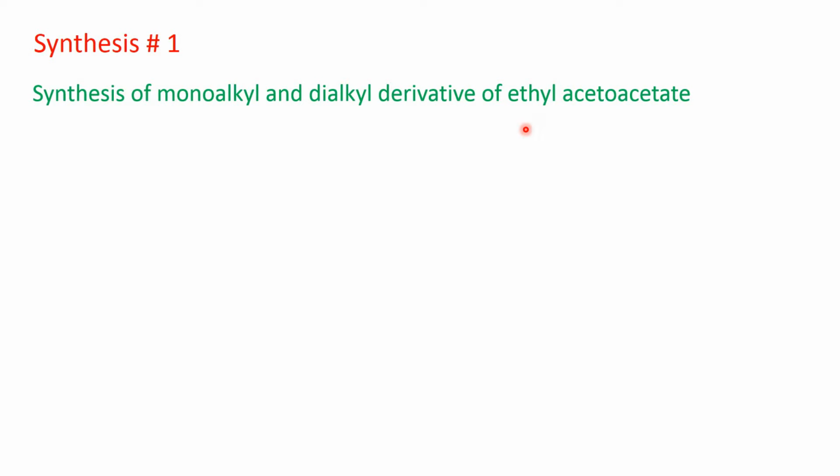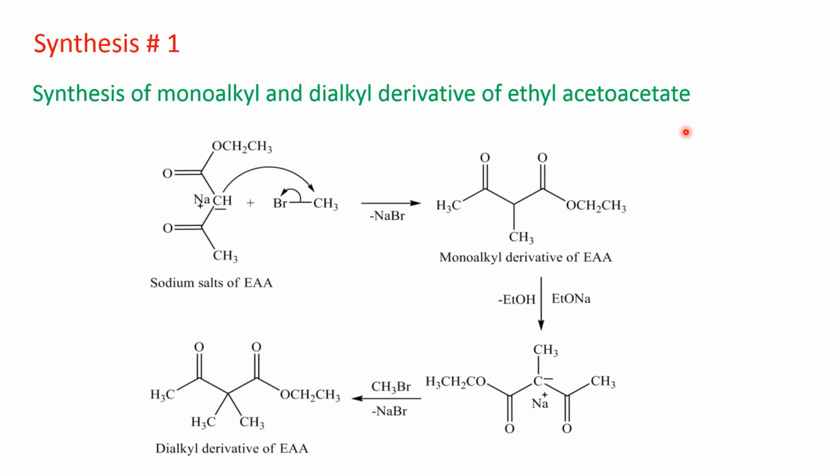Now let's see the synthesis. Synthesis number 1, synthesis of monoalkyl and dialkyl derivative of ethyl acetoacetate. So already I have told you, after formation of carbanion with sodium ethoxide, when it is treated with alkyl halide, then sodium bromide is removed and this alkyl group is added here.